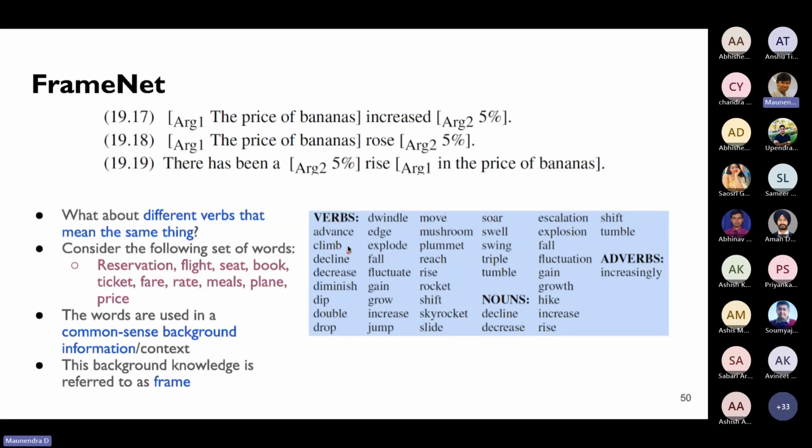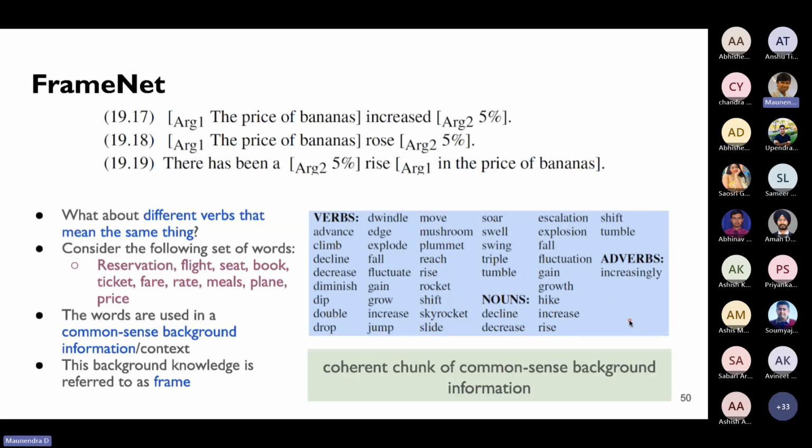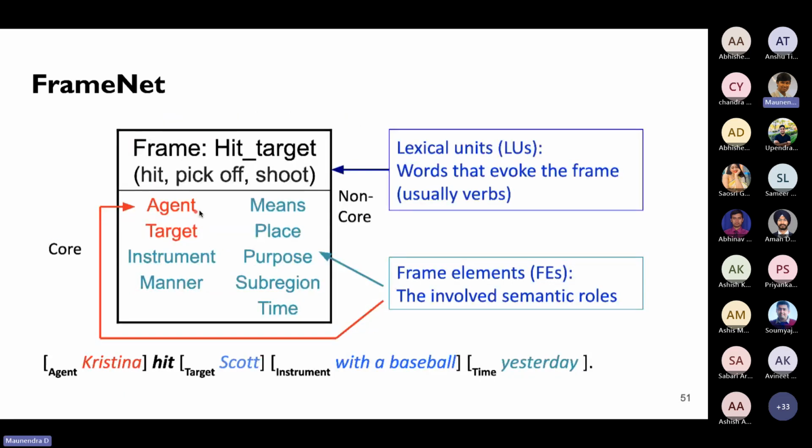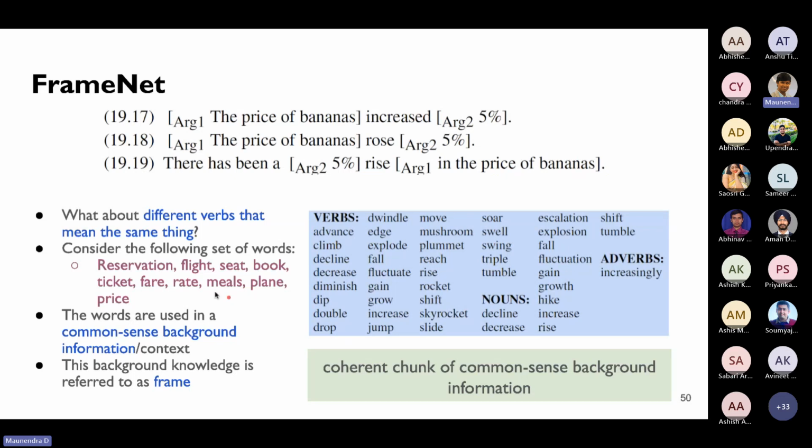In that case, you can combine all of them, and instead of having one single verb or one single noun, you can have a collection of verbs and nouns and adverbs and call it a frame. And for each frame, you have some properties, not individually for each of them.